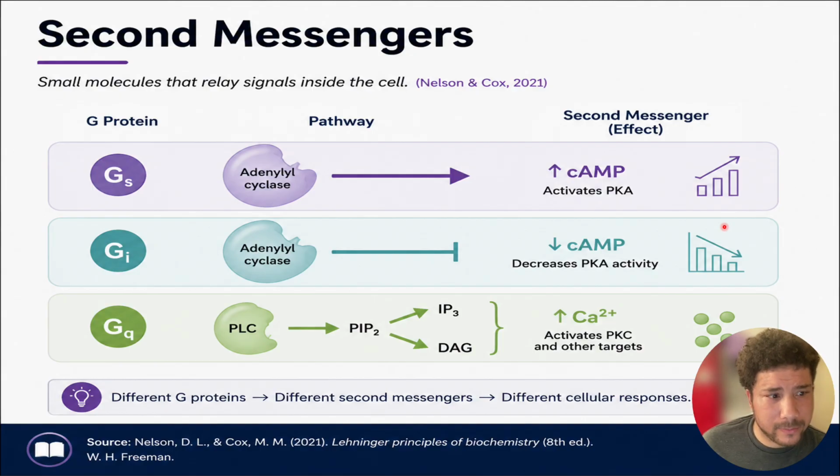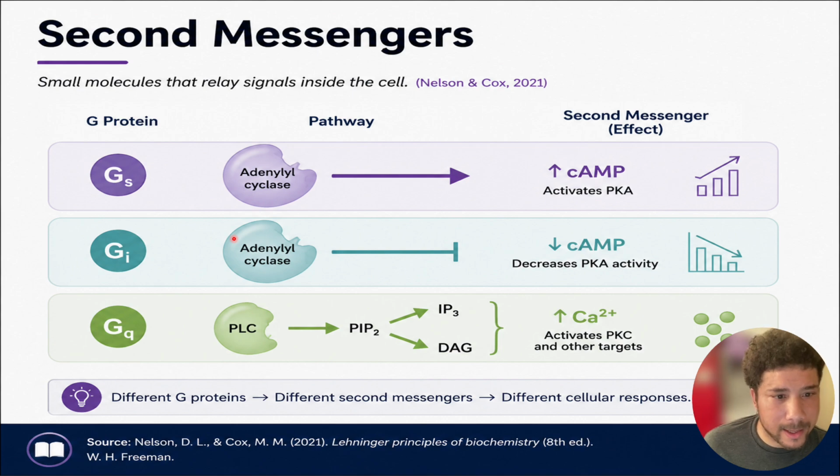The first pathway is the Gs pathway, where the letter S refers to stimulation. When G alpha s is activated, it stimulates adenylyl cyclase. Adenylyl cyclase is a membrane-associated enzyme that converts ATP into cyclic AMP, or cAMP.